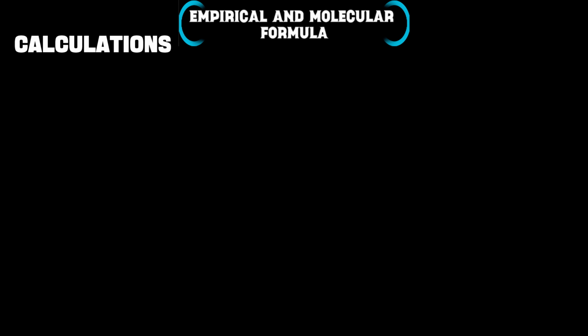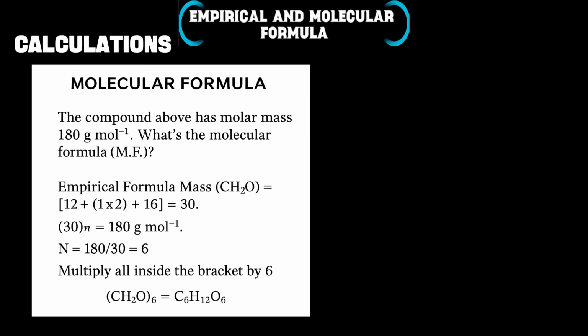Now, how do we move from here into the molecular formula? Another question. The compound above has molar mass of 180 gram per mole. What's the molecular formula? Since you know the empirical formula is CH2O, carbon is 12, hydrogen is 1 times 2, that is 2, oxygen is 16, adding all of them together gives us 30.